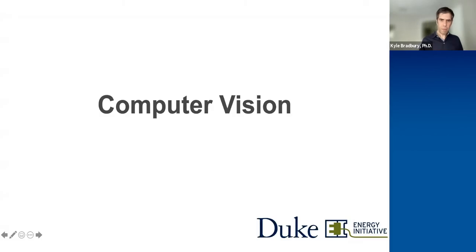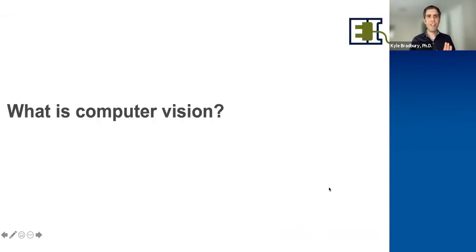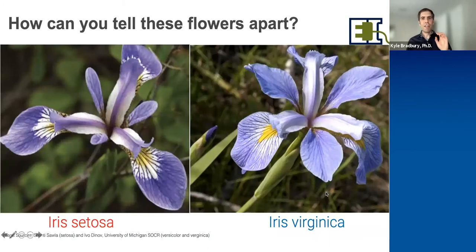Okay. So first of all, what is this computer vision thing that we talk about? Well, before we talk about computer vision, we have to briefly introduce some of the basic concepts here. If you were given a picture of these two flowers, how would you go about telling them apart? You might say, well, the sepals and the petals are shaped a little bit differently.